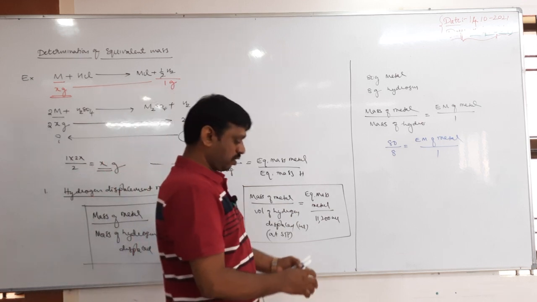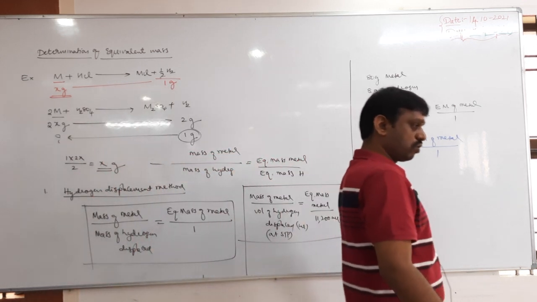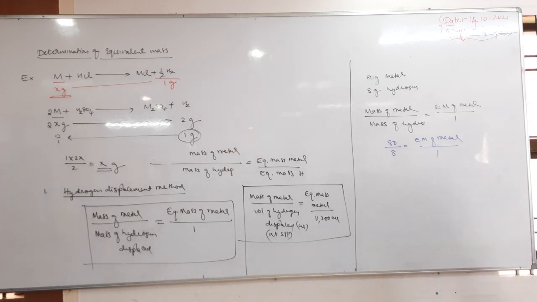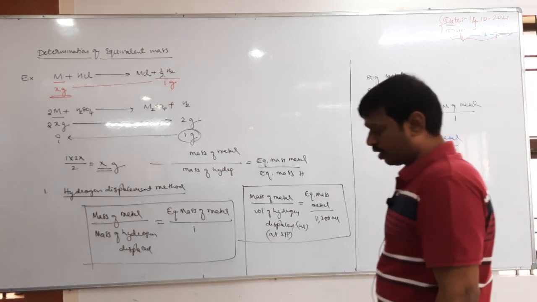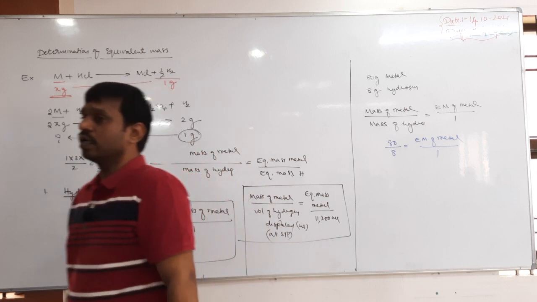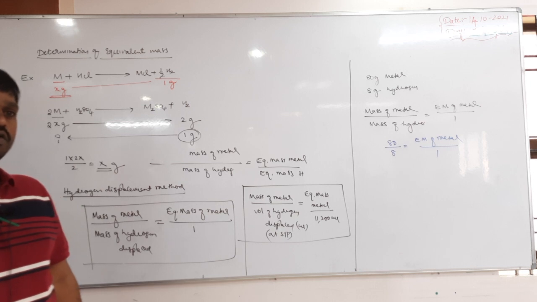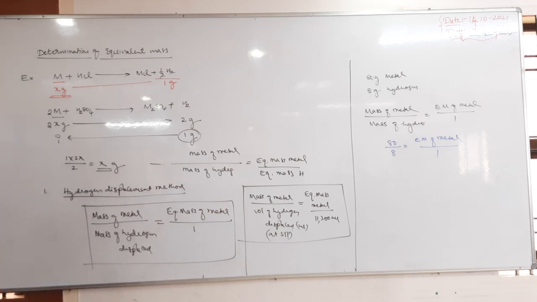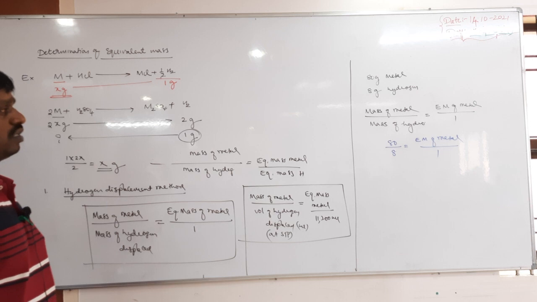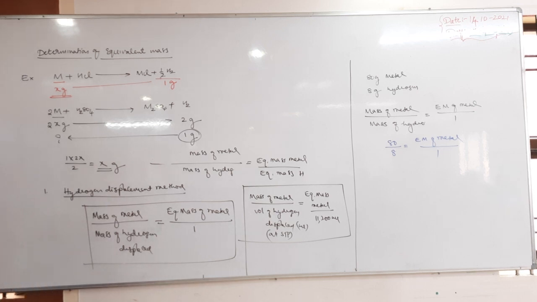One more question. 120 grams of metal can displace 5.6 liters of hydrogen at STP.